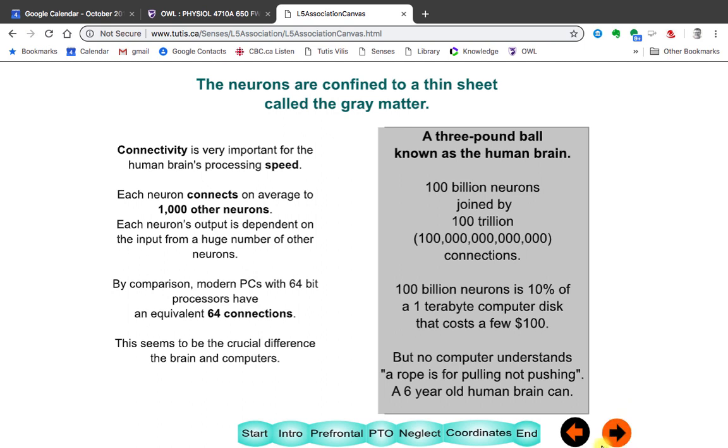So no computer yet understands the question, like a rope is for pulling, not for pushing. Pushing, that's a concept that I don't think a computer yet understands, but a young child of 5 or 6 years old really understands that concept.